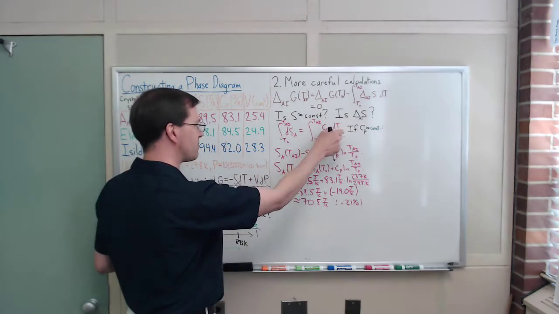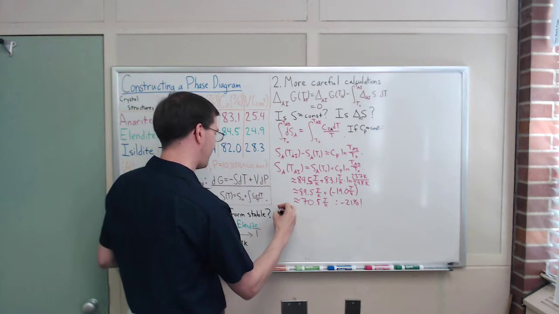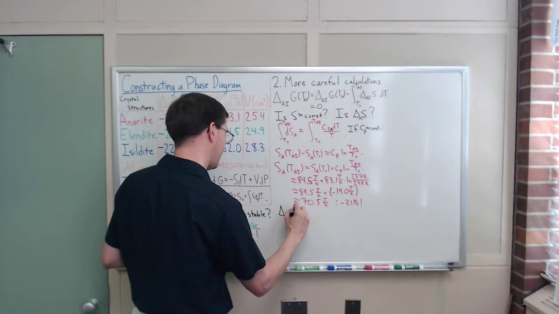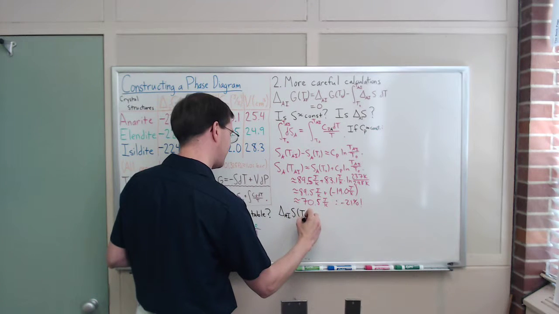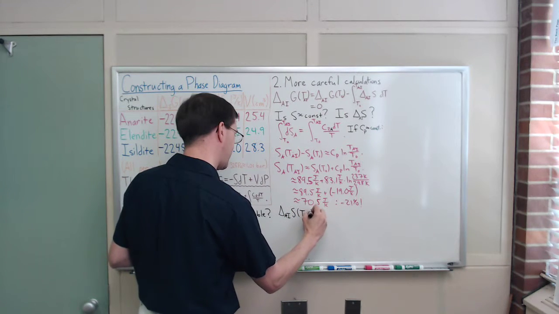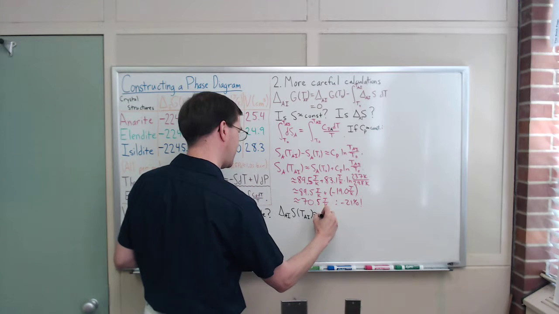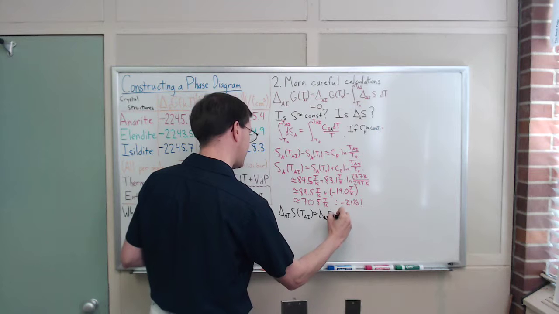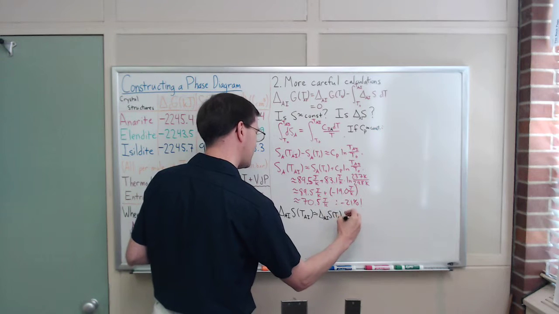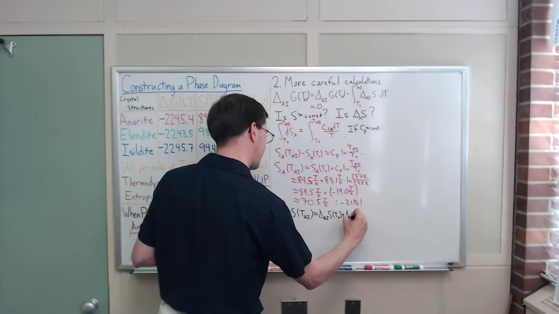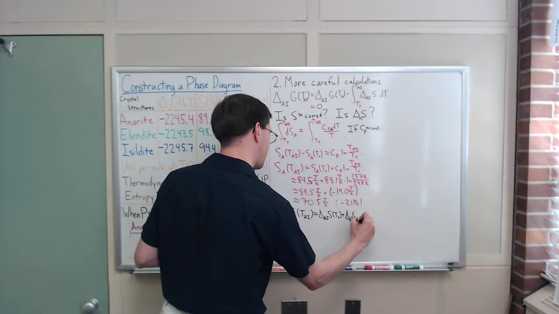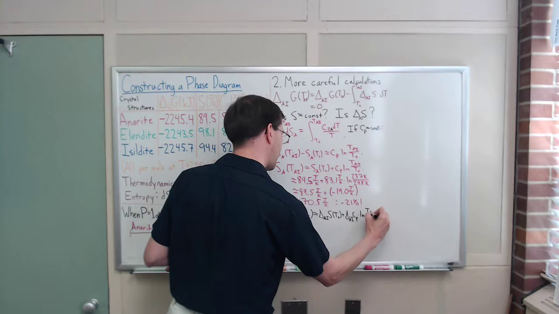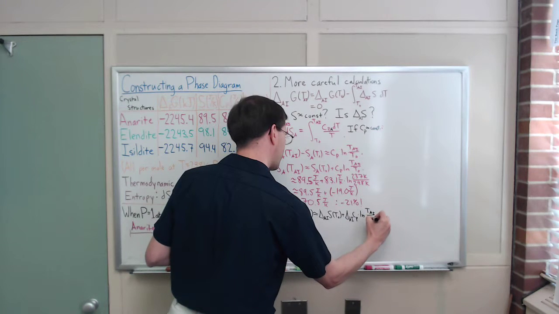If the Cp's are constant, I can find that my delta AI of S at temperature T AI, just for example, is going to be delta AI S of T naught plus delta AI Cp times that same natural log, T AI over T naught.